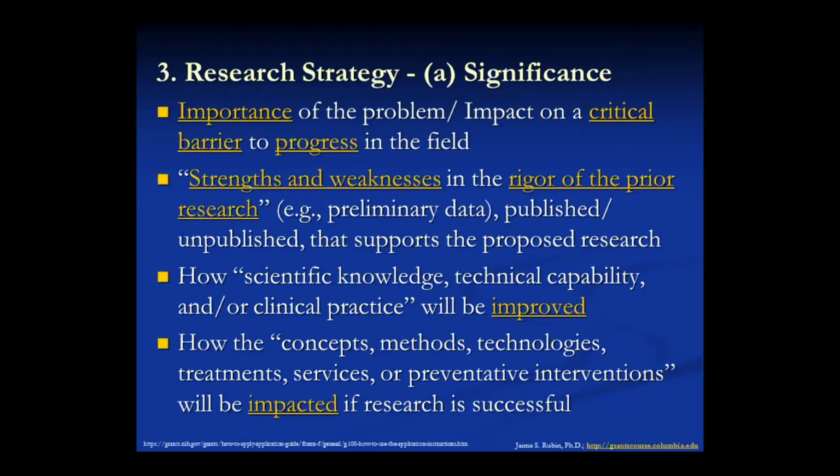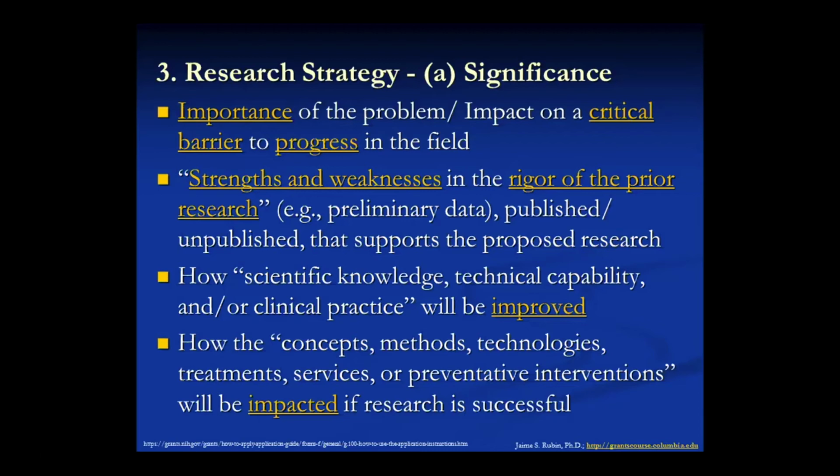All right, so when you're writing these different sections, think about the review criteria that we just discussed. Demonstrate the importance of the particular problem that you're addressing, and why it represents a critical barrier to progress in the field.